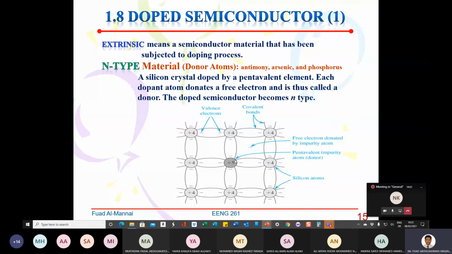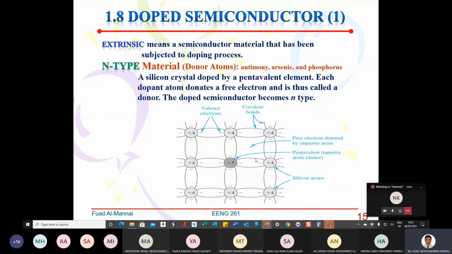Why do we call it a donor atom? It's because it donates one electron to the semiconductor material, which in this case is silicon. Get it, guys? After we do that, the end product we call N-type material.